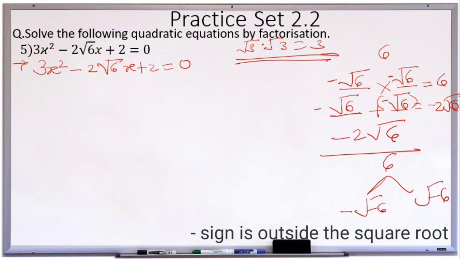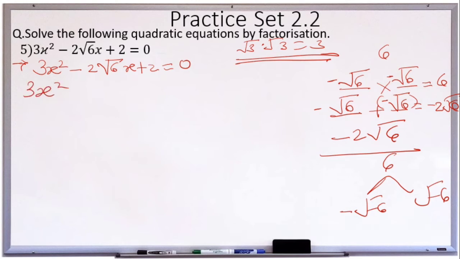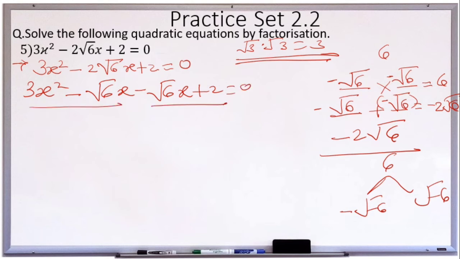So starting with 3x square minus root 6x minus root 6x plus 2 equal to 0, taking common terms, taking root 3x outside. Here 3x square means root 3x and root 3x.